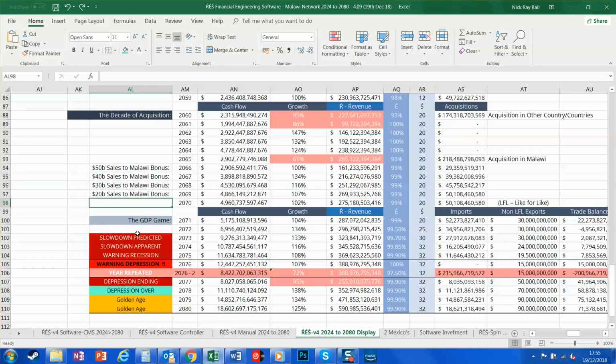Okay, the last 10 years. I have gone for another depression, and you can see cash flow stays the same. I've done this two ways. 2076.